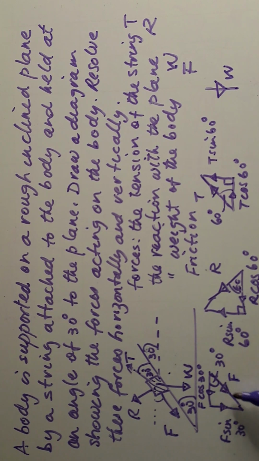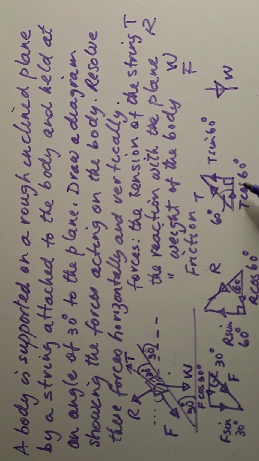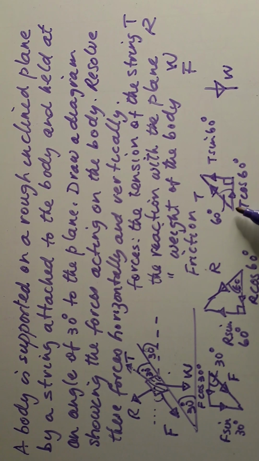Remember, here the frictional force is a resultant of these two components. The reaction force is the result of these two components, R sine 60 and R cosine 60. And likewise here, the tension in the string is, oh, I've made a mistake here.